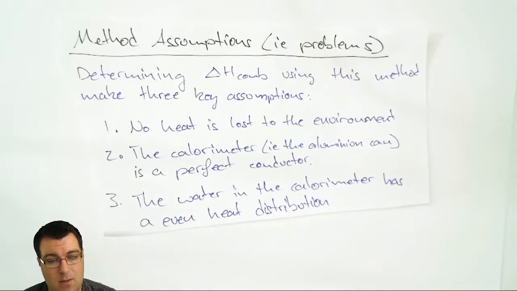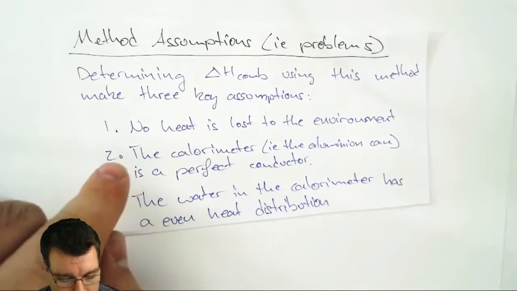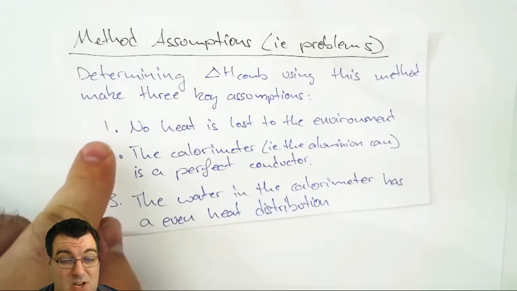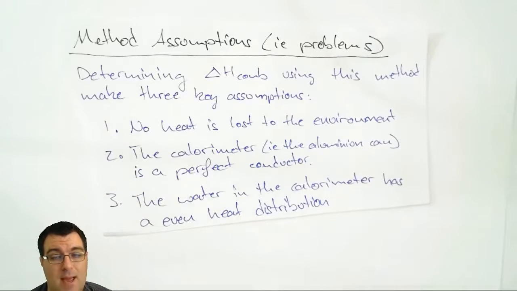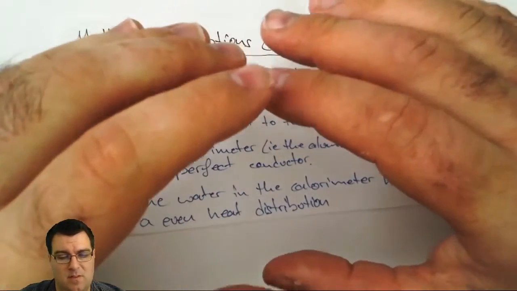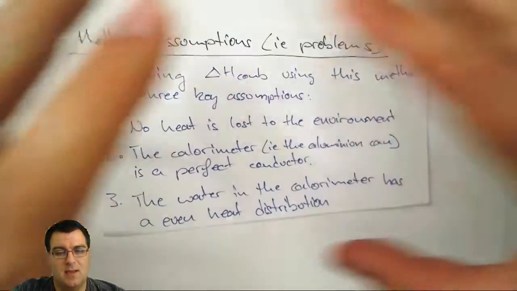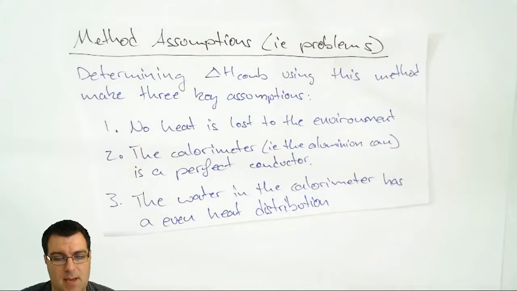The first assumption is that, unless noted otherwise, no heat is assumed to be lost to the environment. That's just not true. The flame from your spirit burner is emitting heat in all directions, so there's no way all the heat goes directly up into that aluminium can.